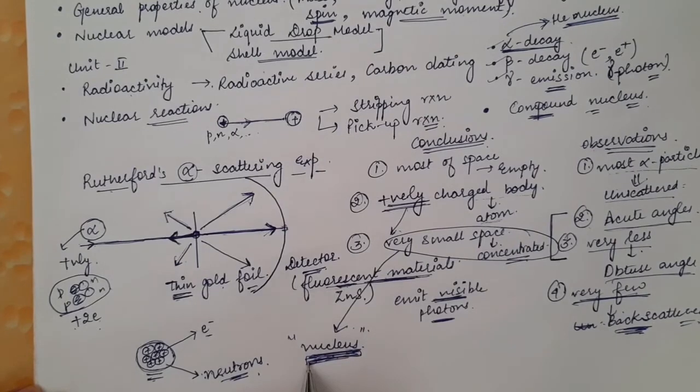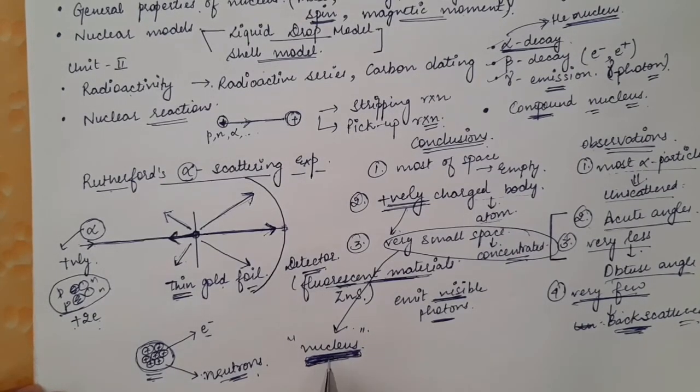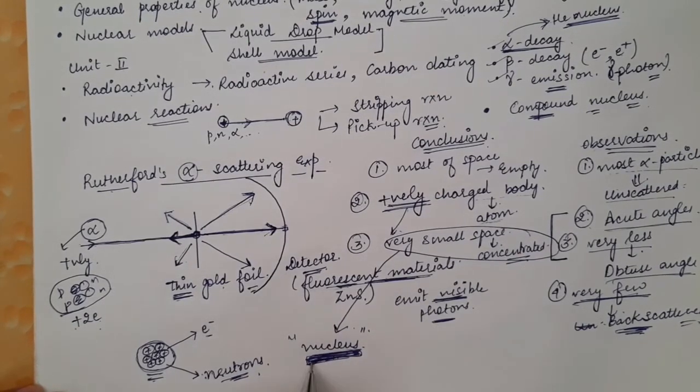So the next question was, what were the constituents of the nucleus? Because we knew that there are some positively charged particles present inside the nucleus, and what else is present with those positively charged particles was still a question.